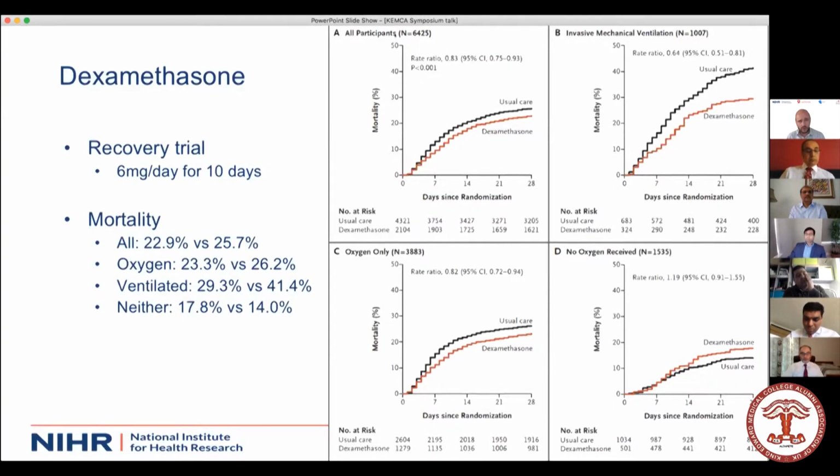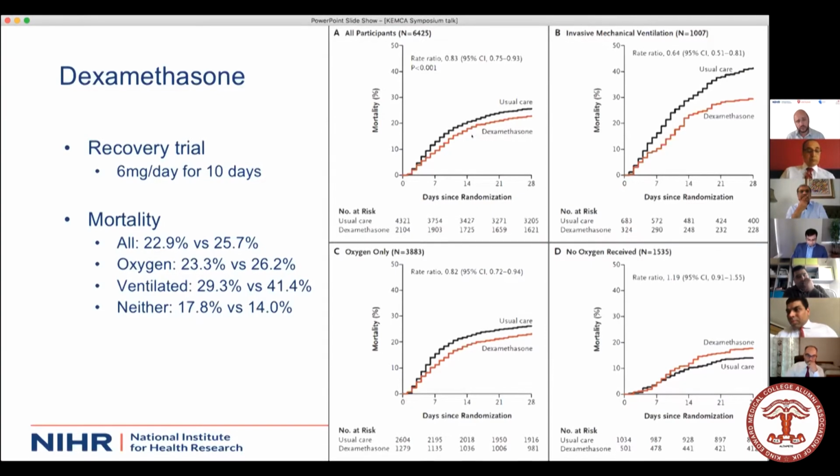So in all comers, so this was a trial of 6,000 patients, which is so impressive when we look at everything else, we can see that mortality at 1 month was 25.7% in the placebo group, but 22.9% in those that received dexamethasone. So dexamethasone reduced mortality. This is our first trial to show reduction in mortality.